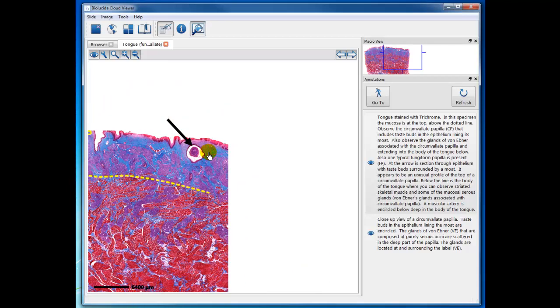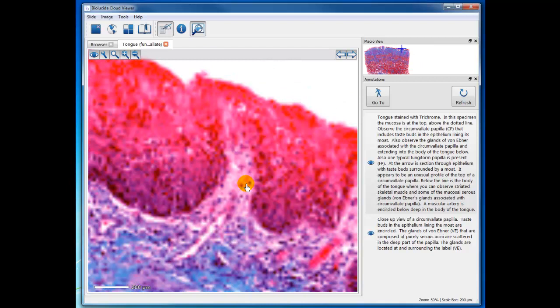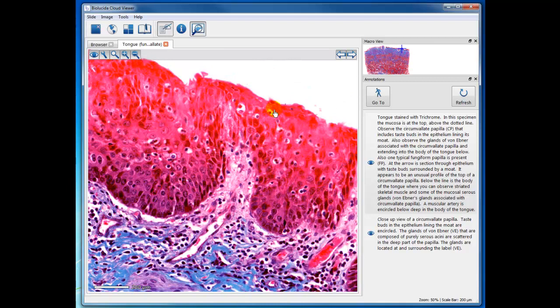Okay, so as you study the tongue, up here, mostly the tongue is composed of stratified squamous non-keratinized epithelium. You can still see some nuclei here, but this is overly stained with red, so it's a little bit misleading. It looks like keratin, but it's not.